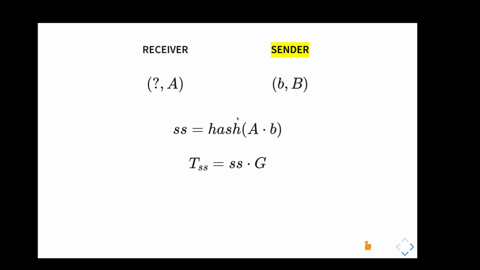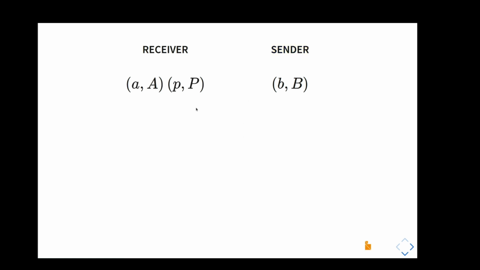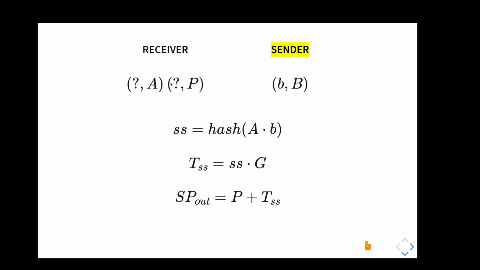So what the receiver does is that, in silent payments, it also shares a second key to lock the funds just to himself. So when the sender is creating this shared secret, at the end of producing it and mapping that to the elliptic curve, it adds that to the second public key that the receiver has given to him.